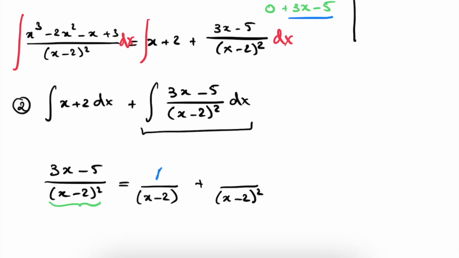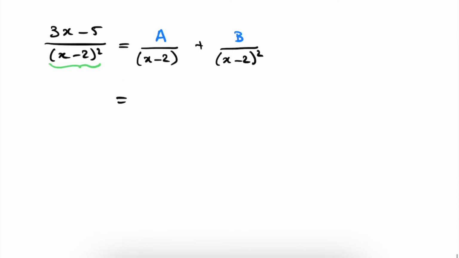So what we do is, again, we write A and B, which is of course what we are trying to find. We write this sum of two fractions as one fraction with one denominator. So we multiply (x minus 2) squared with A, so we have A times (x minus 2) squared, plus this denominator times B, which is B times (x minus 2).